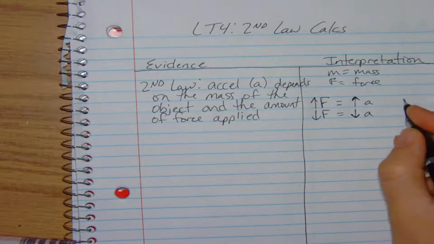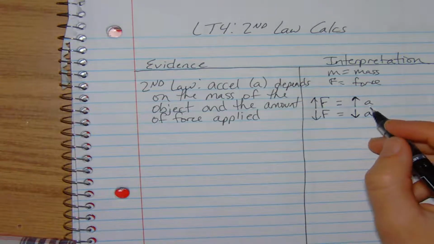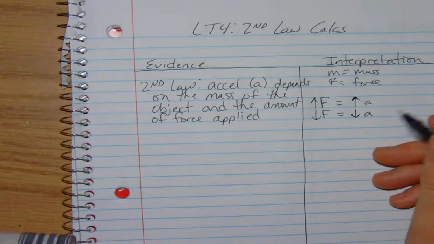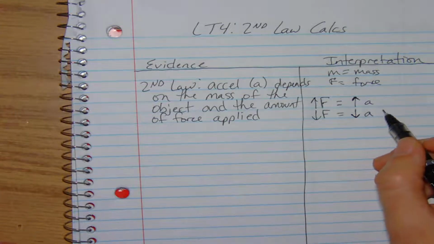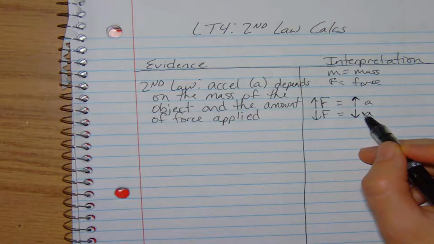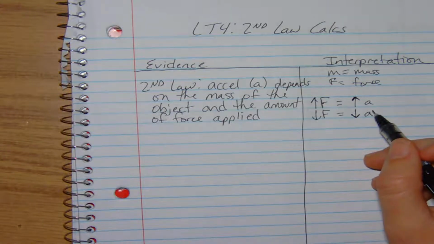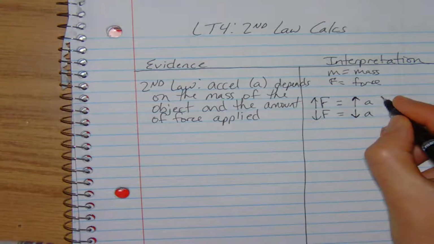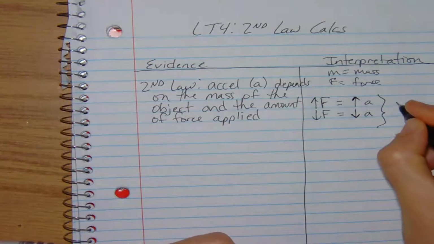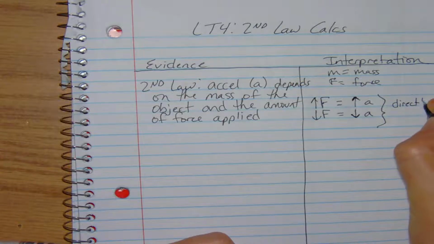And for the most part, this is common sense. We know if we bunt at a softball, so apply a little force to something, versus a home run swing, you're going to get a bigger change in motion, a bigger acceleration. Just barely touch a kickball versus wallop that thing, right? You have a bigger change in motion. We say that these are directly proportional.